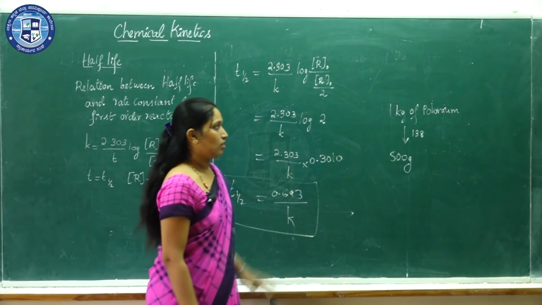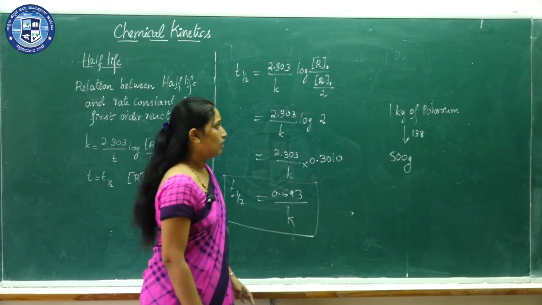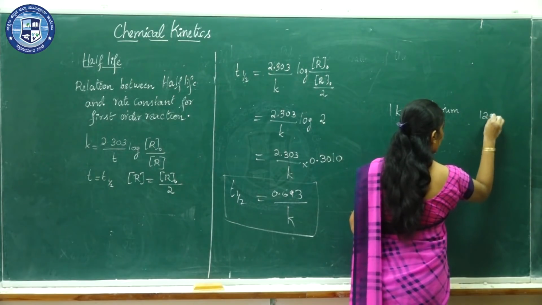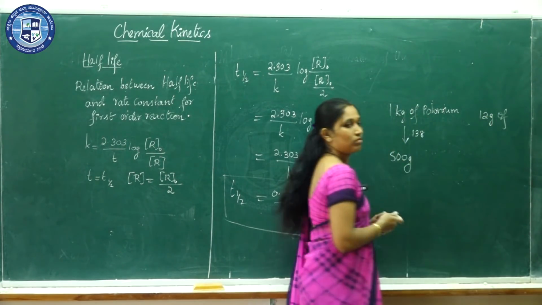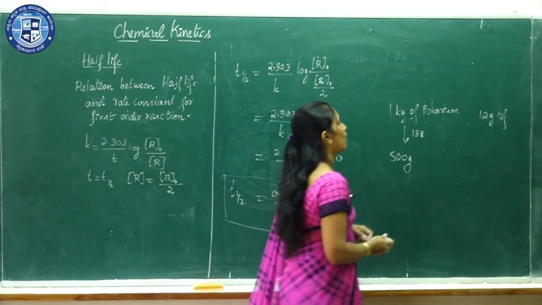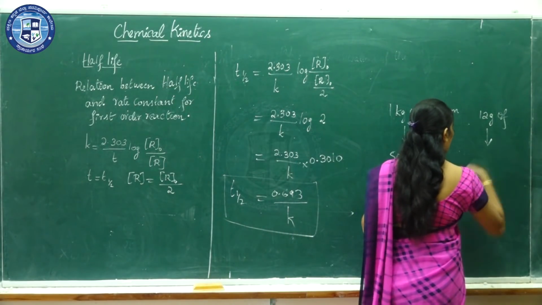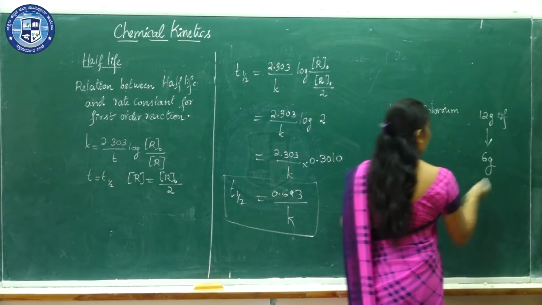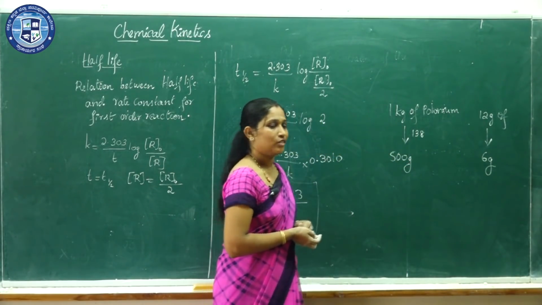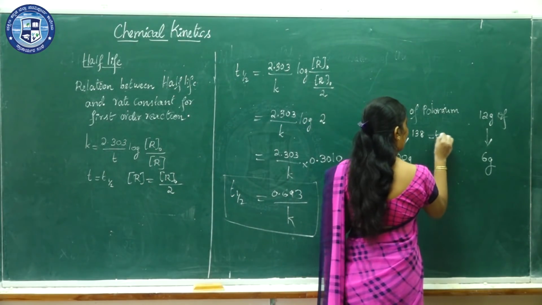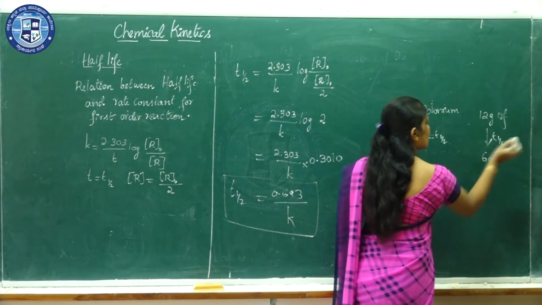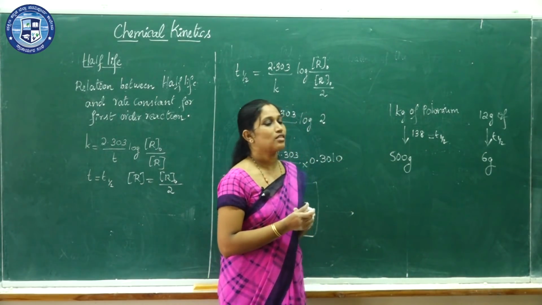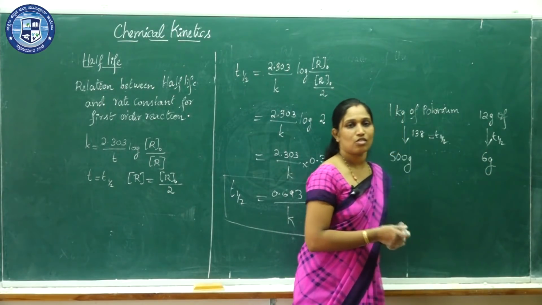Now suppose you take just 12 grams of polonium, and for it to get reduced to exactly half of it, that is 6 gram, you need the same time. T half is the same in both the cases. So, what this tells you?